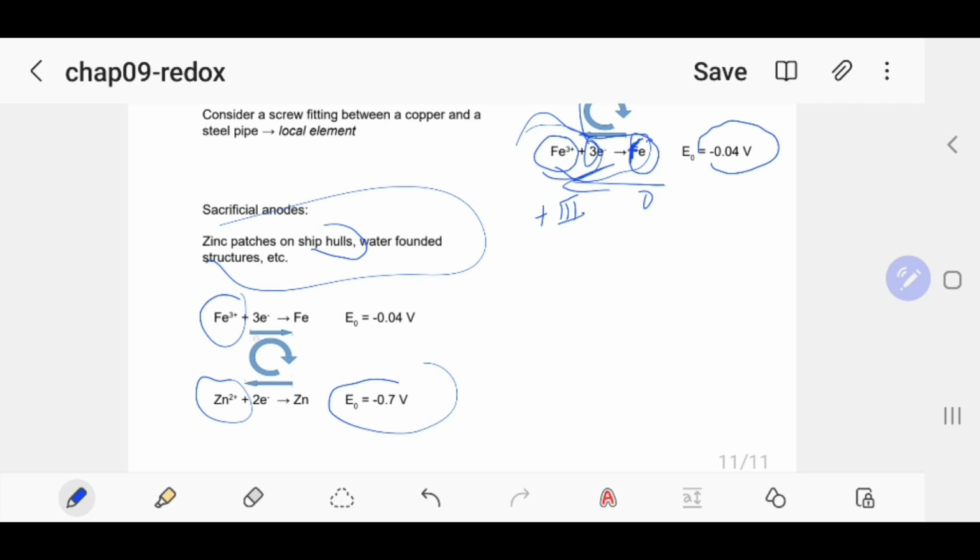If we place it on top, then the flow is like this, meaning that the zinc in the presence of water will give away 2 electrons and the zinc ion will increase. The zinc is being consumed.